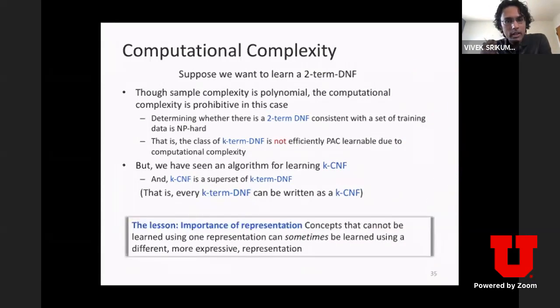So effectively, this is an important point. Even though the details here might be a little bit confusing, the larger point is that sometimes a concept cannot be learned using one representation, but by swapping the representation, going to a more expressive space, you might be able to successfully learn.